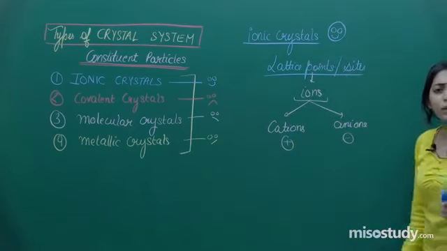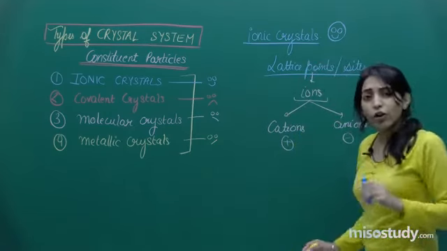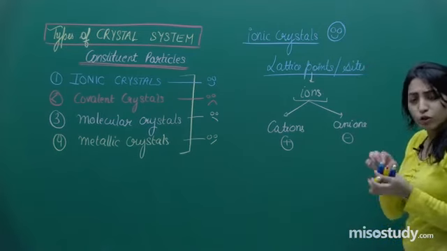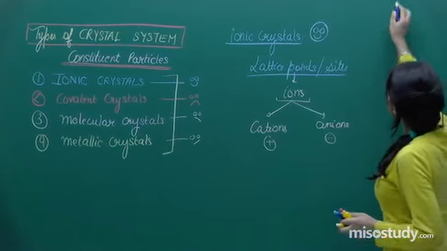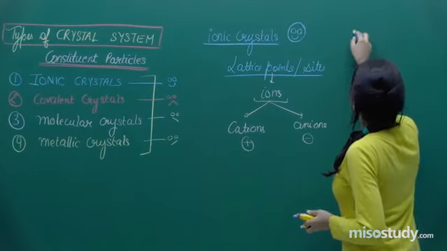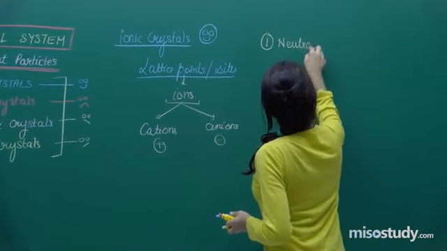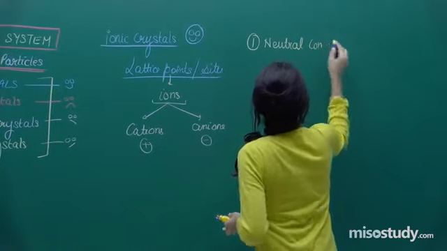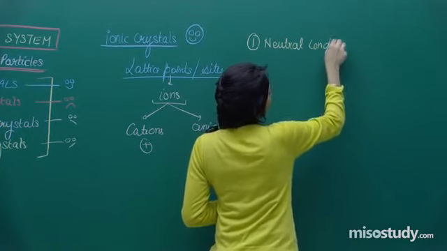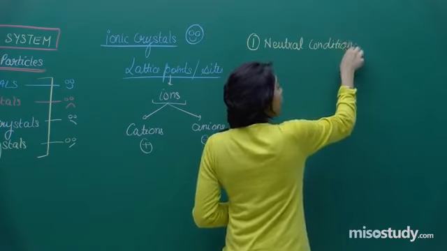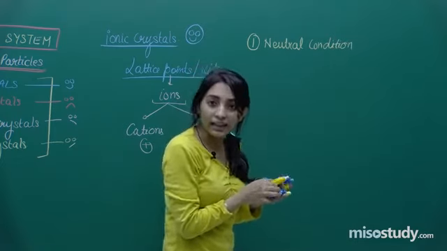So guys, listen to me very carefully. When you are talking about ionic crystals, there is a particular neutral condition, and this neutral condition is to be maintained in an ionic crystal.